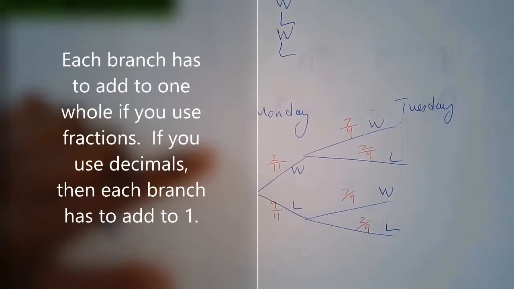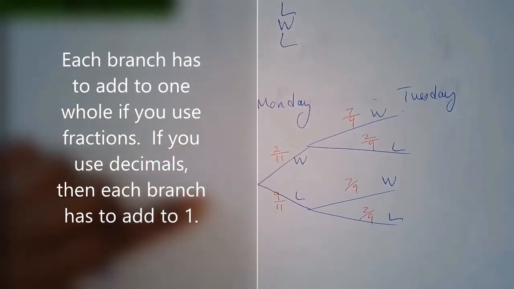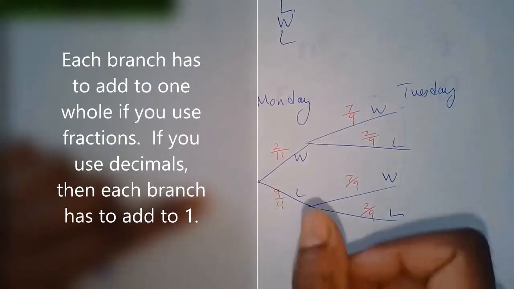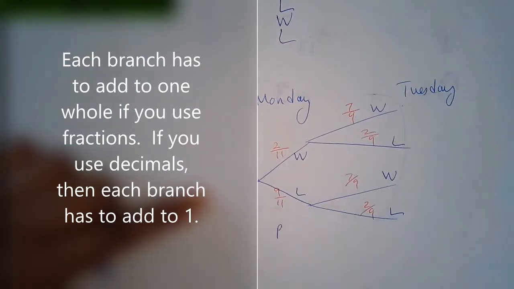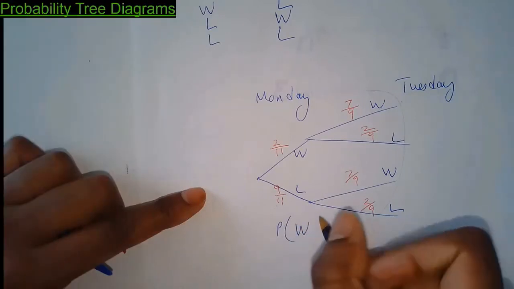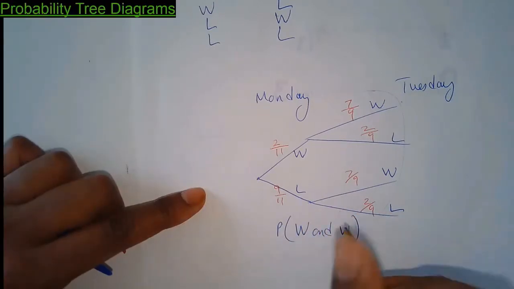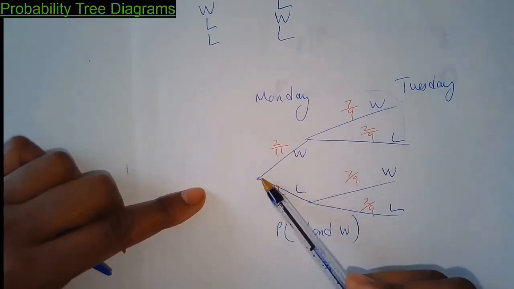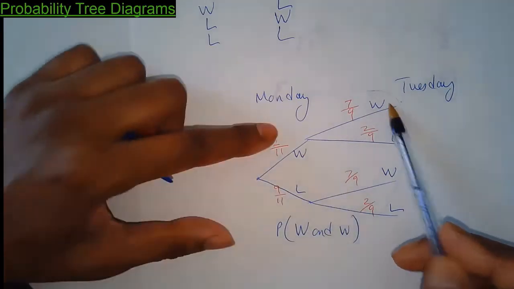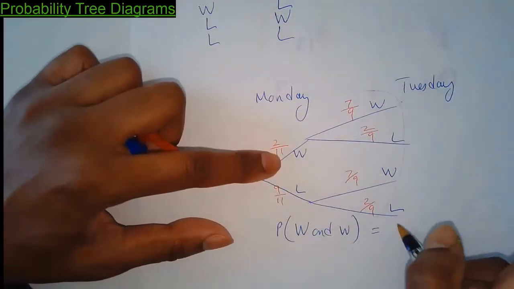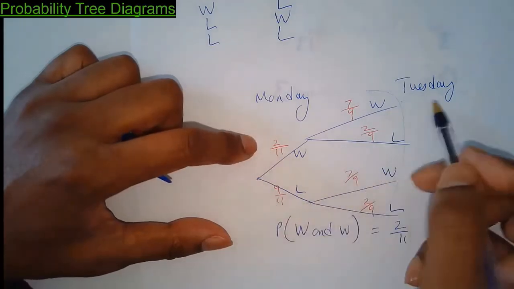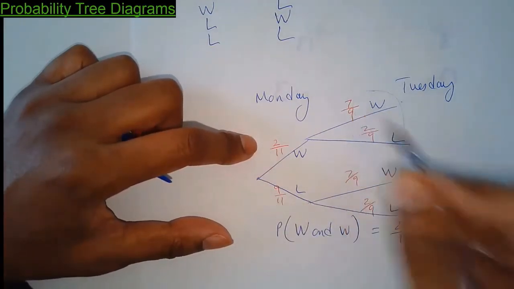So I'm going to do some maths behind this. Let's suppose I want to work out the probability, P for probability, of me winning and winning the second time round. Winning and winning. So I'm looking at this branch here. That's 2 11ths. And because I'm going across the branch, I need to times 7 ninths.